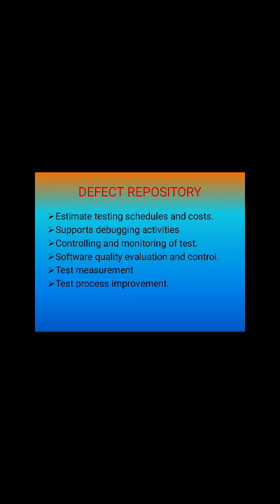Then you have to easily find the bugs and easily clear the bugs. You have to run the test cases more than once. So this is the small diagram for defect classes and defect repository. There are four types of classes. The defect repository means you have to accumulate your bugs.